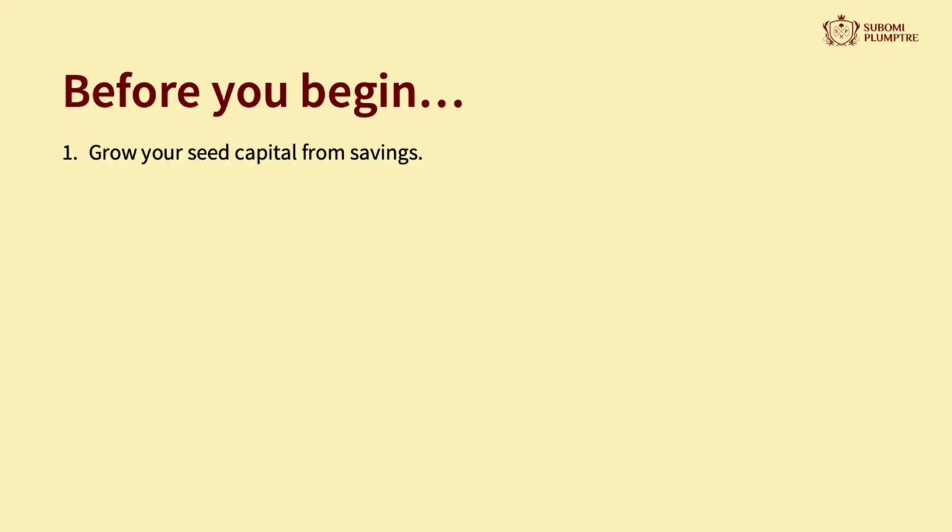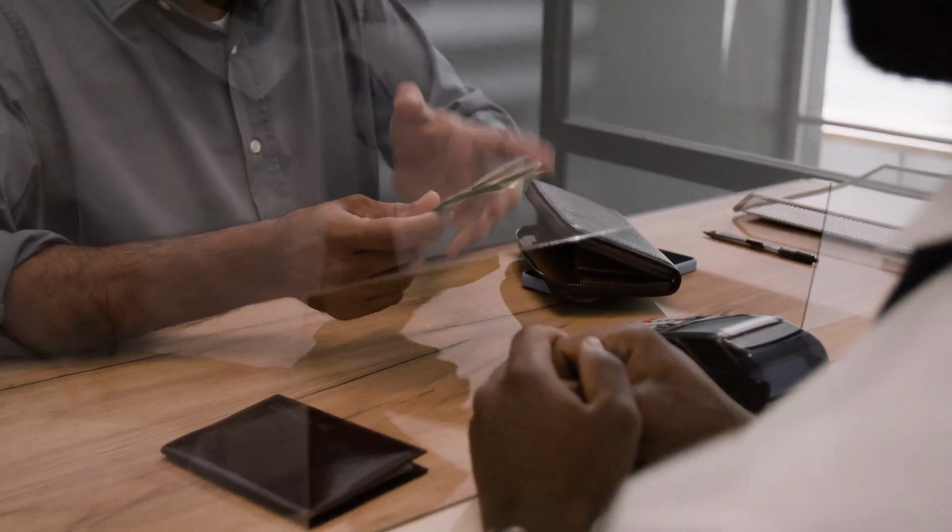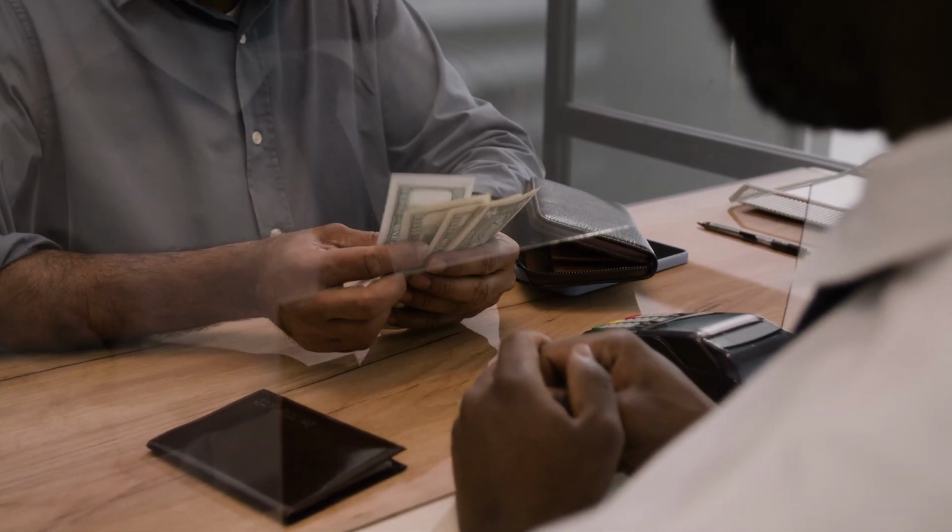Before you begin, just to recap, remember you can't invest your way out of poverty. So this course assumes you already have disposable income from your savings. You've been able to meet your day-to-day living expenses and you have something left over, something that you've saved, and you now have some seed capital to invest.